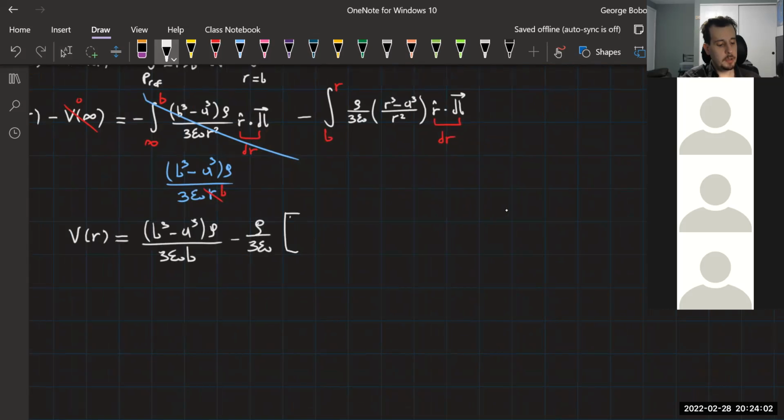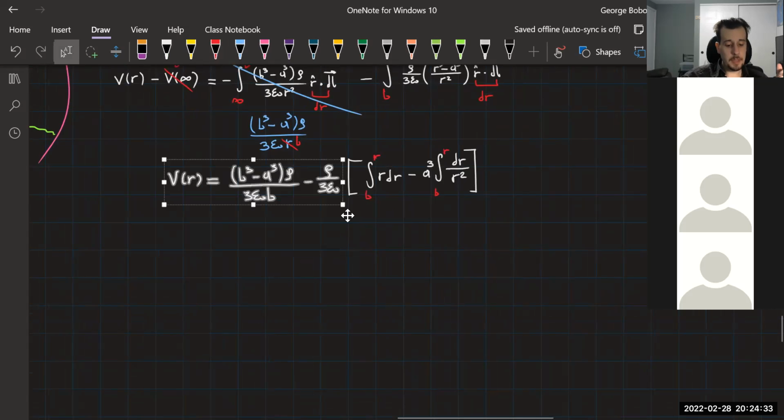In the first one, I would distribute the r squared into the r cubed to get only an r dr. Then I would have another piece where I pull the a cubed outside and integrate 1 over r squared. The bounds are the same, from b to r. You can split integrals like that because they're just polynomials.